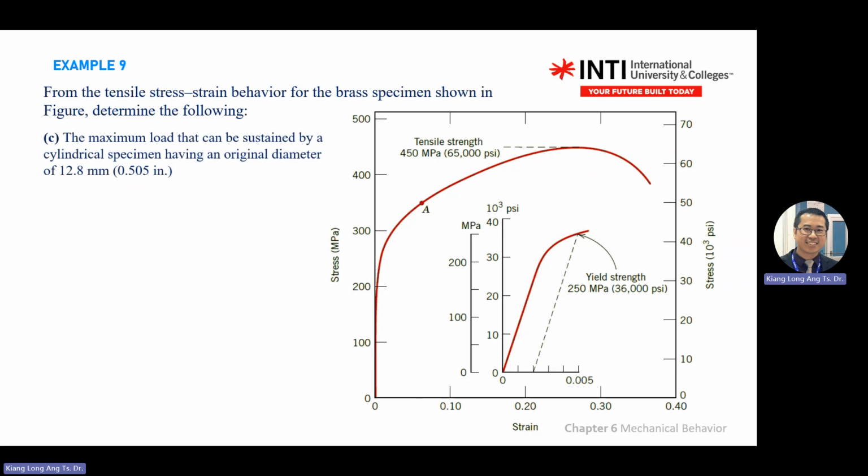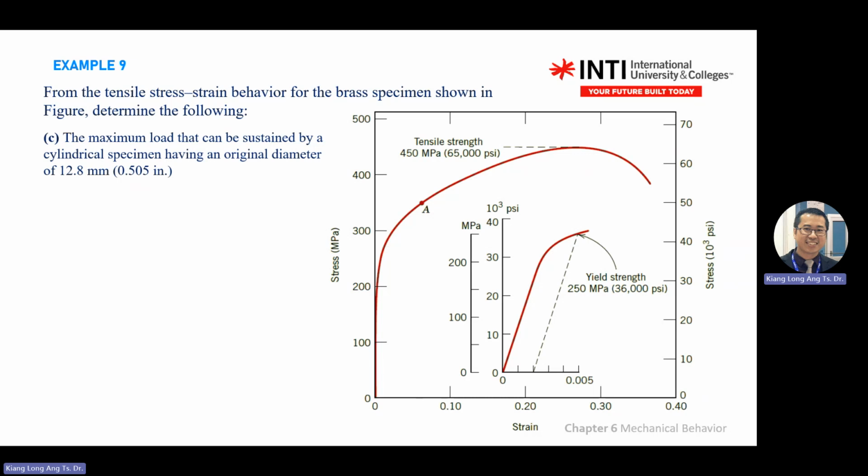Maximum load contained by the specimen having original diameter 12.8 mm. So just now you have E of 100 gigapascal with diameter 12.8 mm.